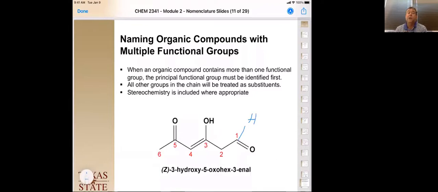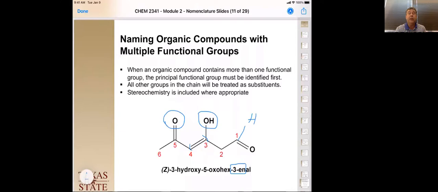Okay. So if we have that, our parent name changes to al. We drop the e and add al. Okay. We have a double bond, so that means we have to locate it and put ene. So that'd be 3-enal. Okay, so we've named those. But now we have a carbonyl and an OH, but they're substituents.